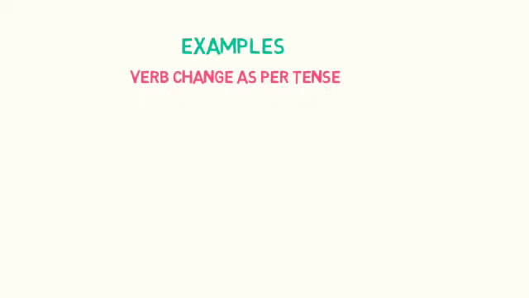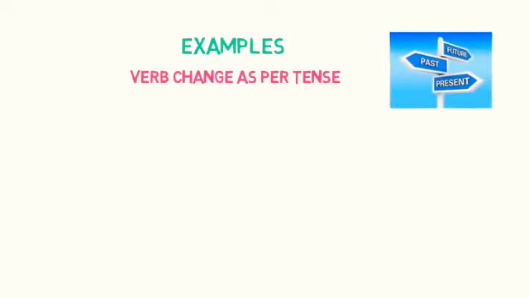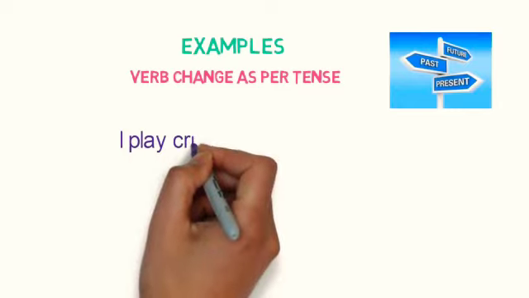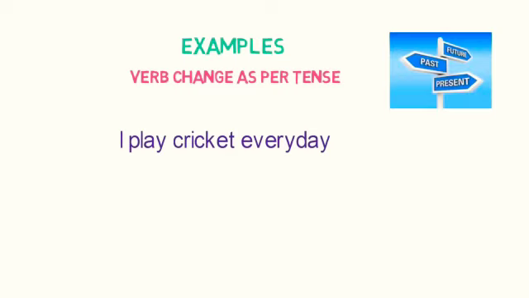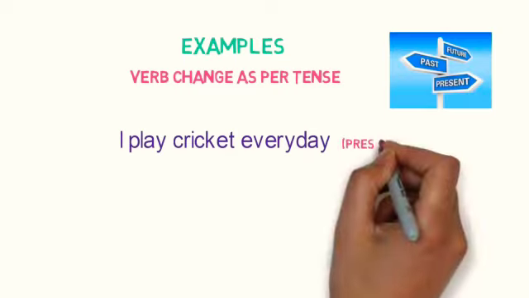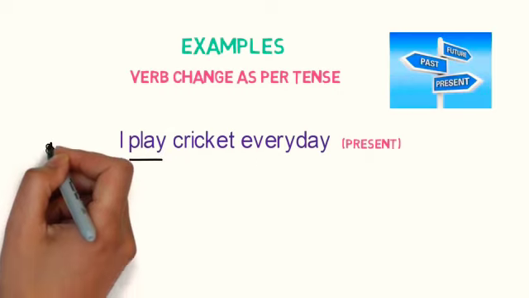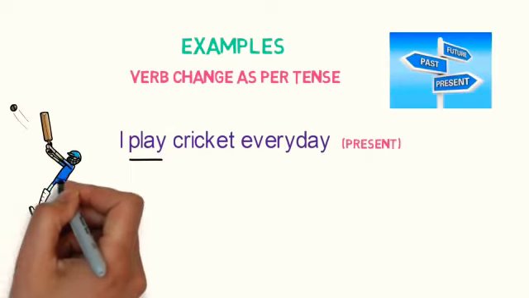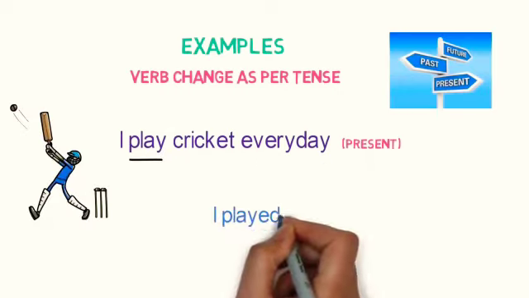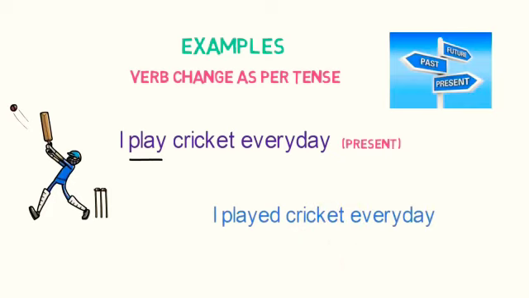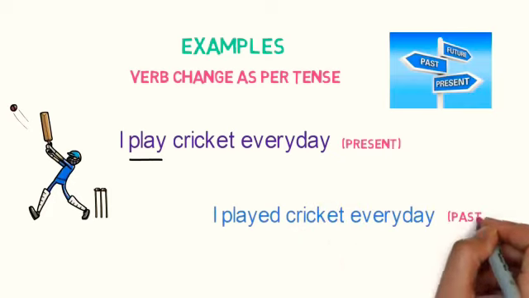A verb changes as per tense, whether the tense is present, past or future. For example, I play cricket every day. This sentence is in present tense. Here, the verb is play. Let us look into another example. I played cricket every day.